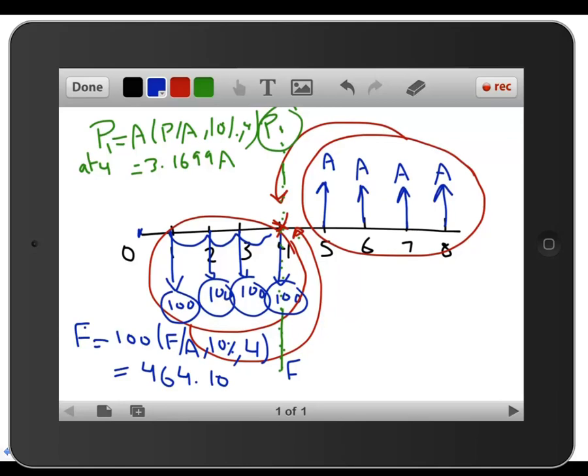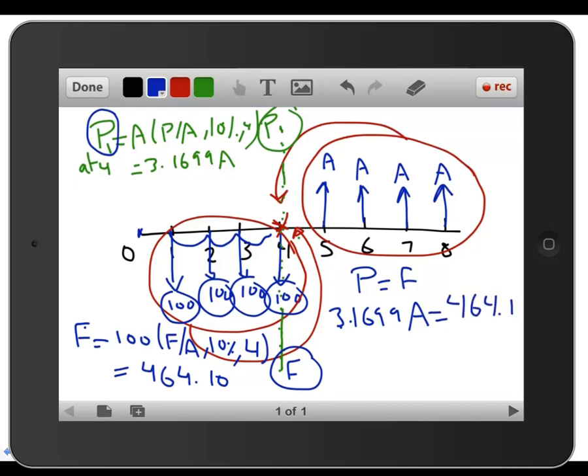So now remember that F will equal to P. So if I made P equal to F, then I have 3.1699A equal to 464.10.